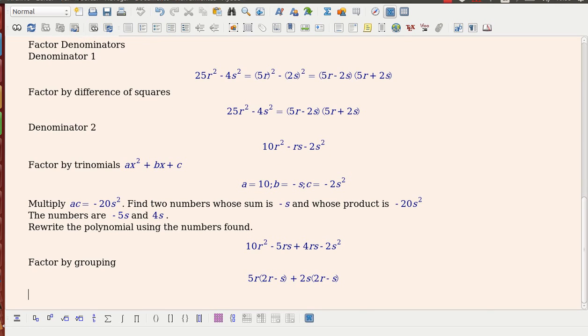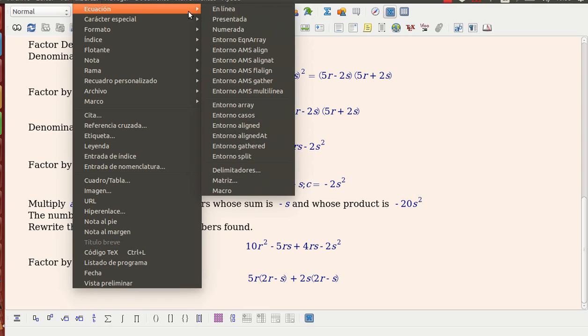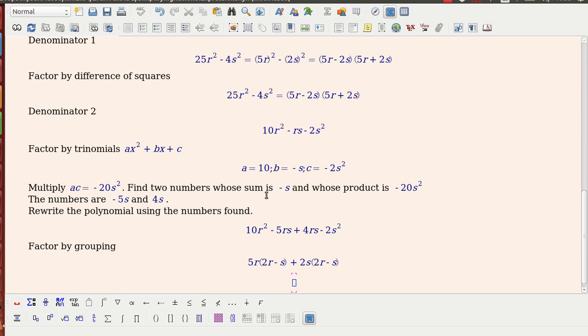And now we have the parenthesis as a GCF. 2r minus s is a factor of 5r plus 2s.